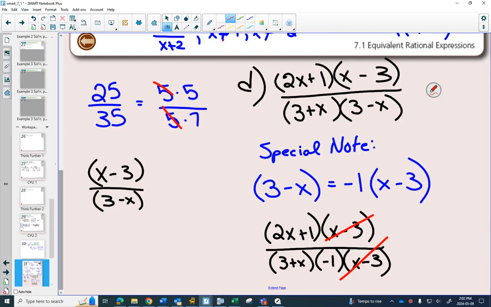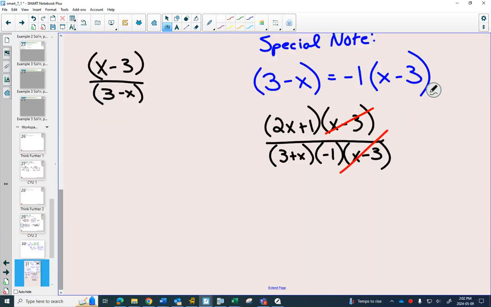And what are you just left with? The negative 1. Now, I would be fine if you left it like this. I would be fine if you decided to put that negative out in front, because a negative 1 on the bottom of the fraction is the same as a negative 1 on the top of the fraction.